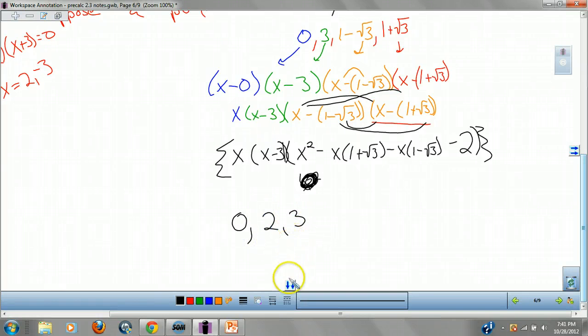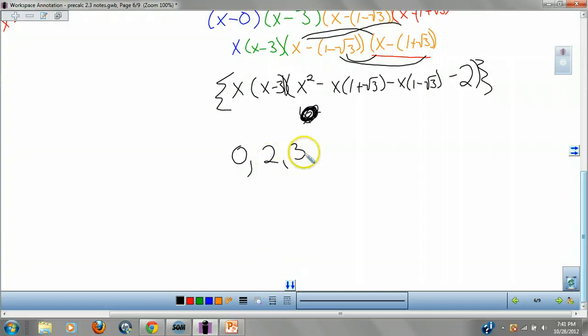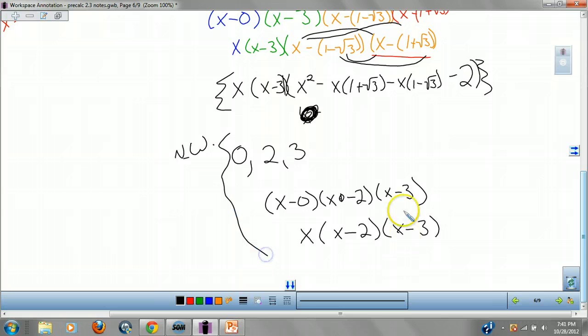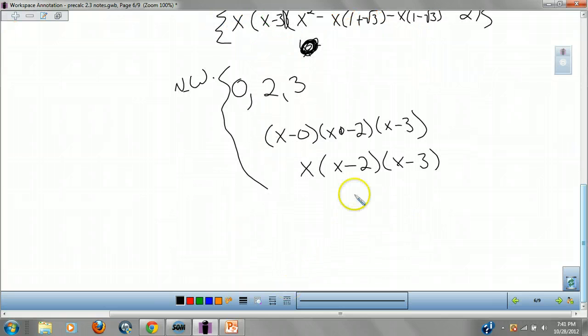If you have to find a polynomial that has zeros 0, 2, 3, you set it up x minus 0 times x minus 2 times x minus 3. Okay? So you get x times x minus 2 times x minus 3. Right? Noteworthy. This guy right here. So, FOIL this guy.